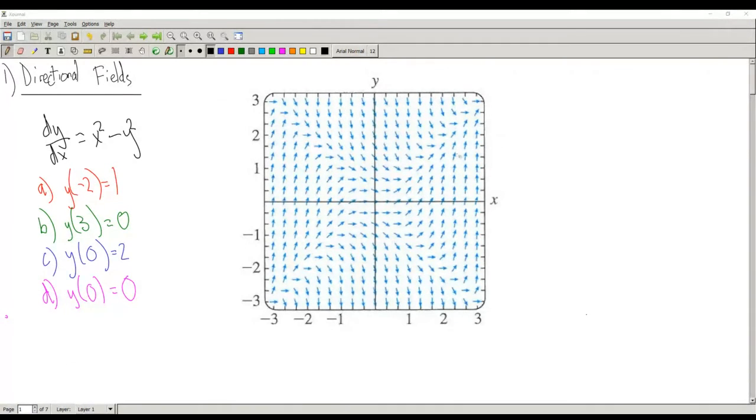Sorry, my computer is very slow at the moment. Okay, it states, basically it says you've been given a directional field, and then sketch by hand an approximate solution curve that passes through each of the indicated points.